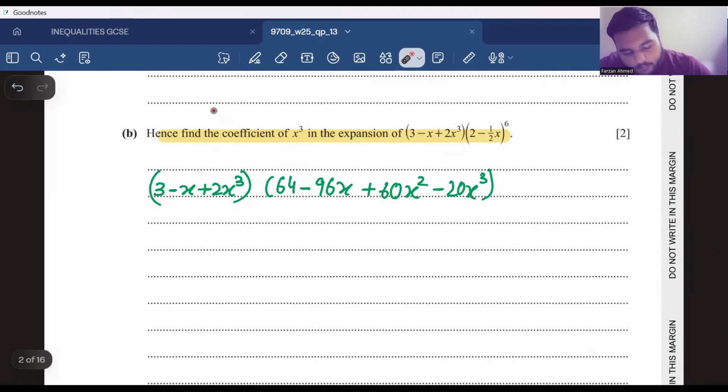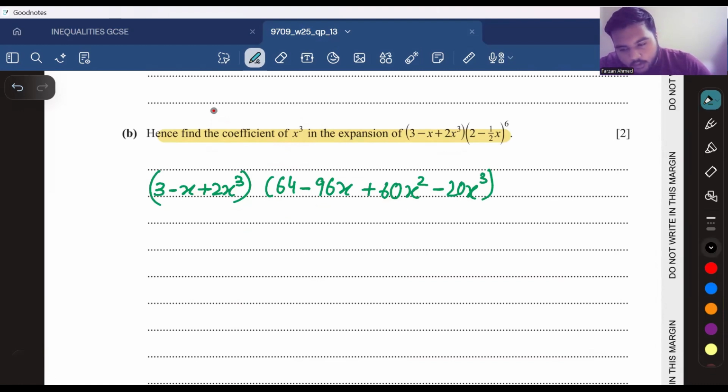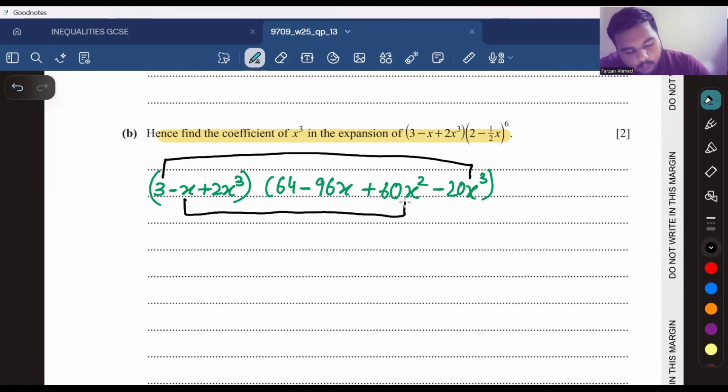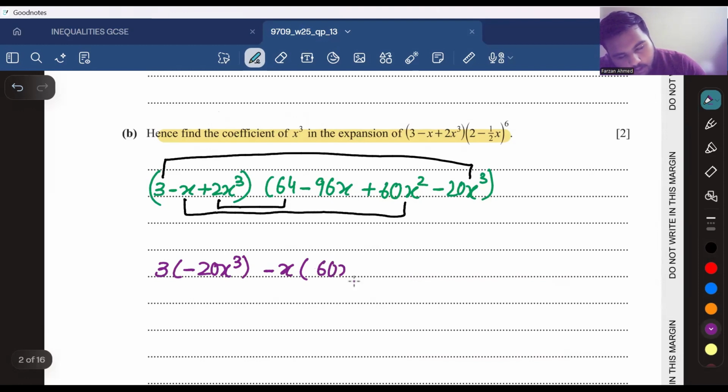So we see that this 3 will be multiplied by this because it is having the x cube term, and this x will be multiplied by this, and this will be multiplied by this. So when we write this, this will be 3 times minus 20x cube, minus x times 60x squared, plus 2x cube times 64.